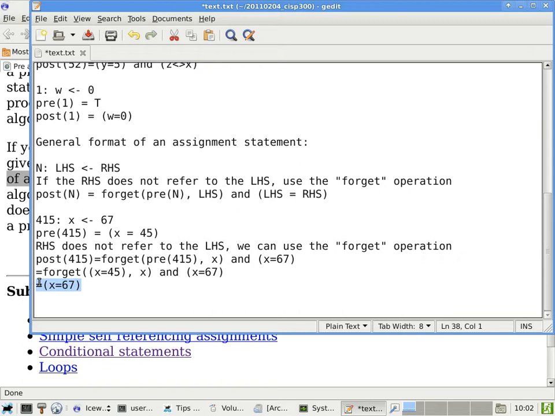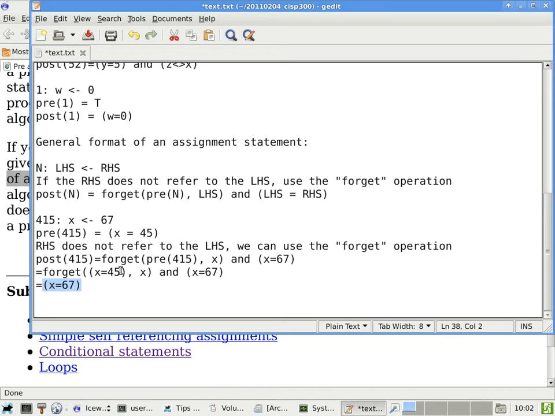So is this okay? For the application of this particular rule, you have to make sure that the right-hand side does not refer to the left-hand side first, and if it does not, then you do it this way. Basically just copy and paste portions of the original code, then you expand the precondition, then you apply the forget operation, and whatever is left is your answer.